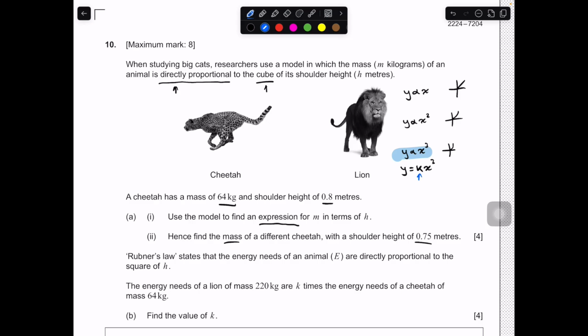So this is what we're going to work with here: y is equal to kx cubed. With the information we're given, a certain mass and a certain height, we can go from having three unknowns, that is y, k, and x, to just having one unknown. We can find that proportionality constant.